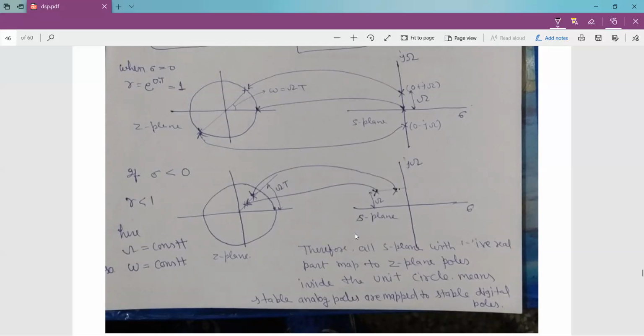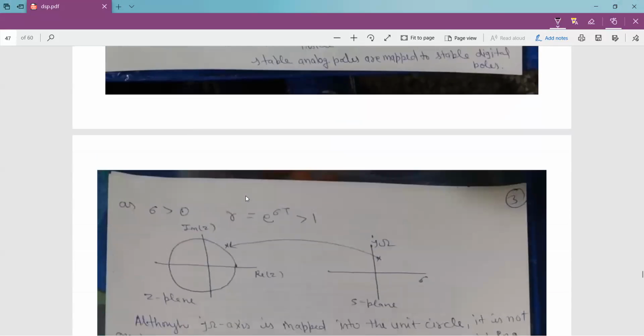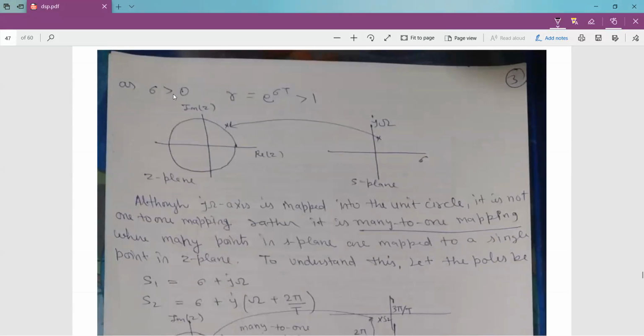So the stable poles of an analog filter after digitalization produce a filter having stable poles in the digital domain too. Now, if the value of sigma is greater than 0, the pole will lie in the right hand side of the S plane, and when mapped onto the Z plane, it will be on a circle of radius greater than unity.